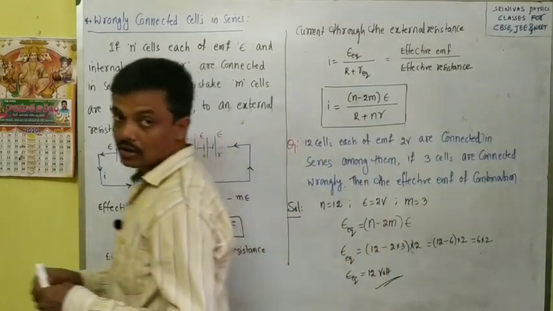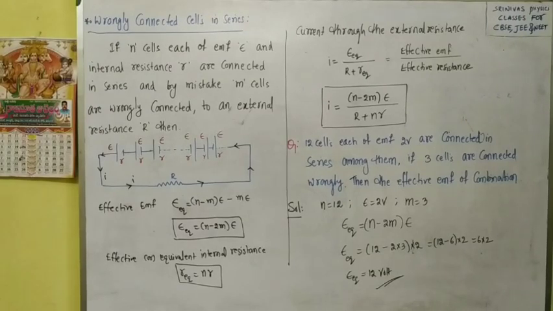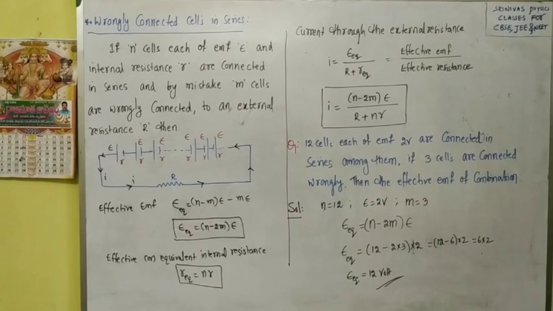This is our solution, and this is about series combination. Now let us start the parallel combination. Before going to parallel combination, take a screenshot and note every point, as I am going to erase the board by pressing the pause key.